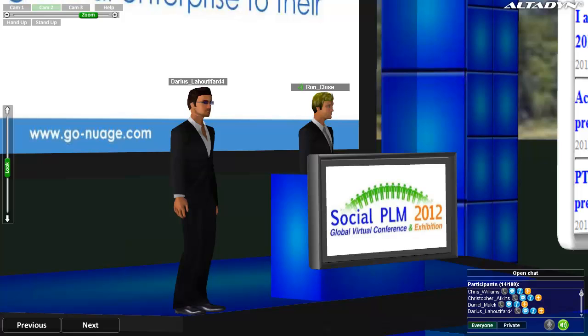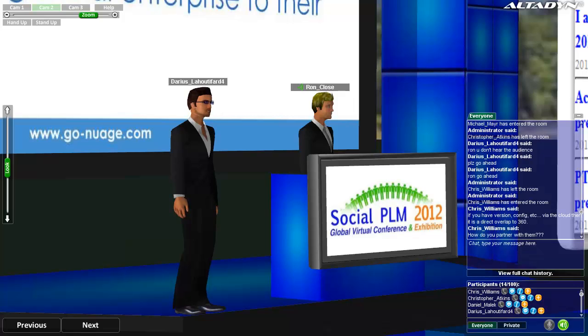And oh boy, Chris is on a roll here. If you have version configuration, et cetera, via the cloud, then is this a direct overlap to 360? I can't speak for Autodesk 360 specifically, but our target, as I said, is to really look at some of the folks that are in the non-discrete industries, and I don't know if that's the same target as 360. If it is, maybe there is some overlap.